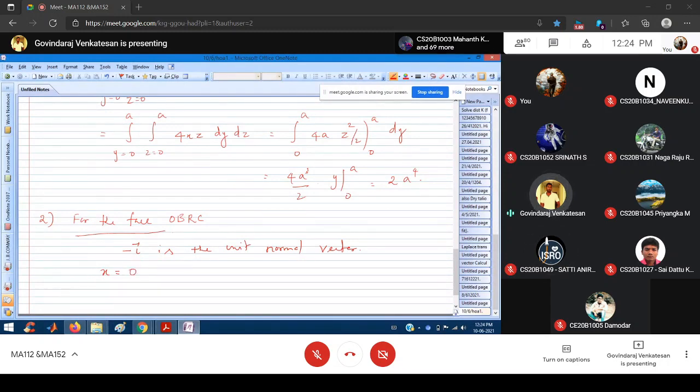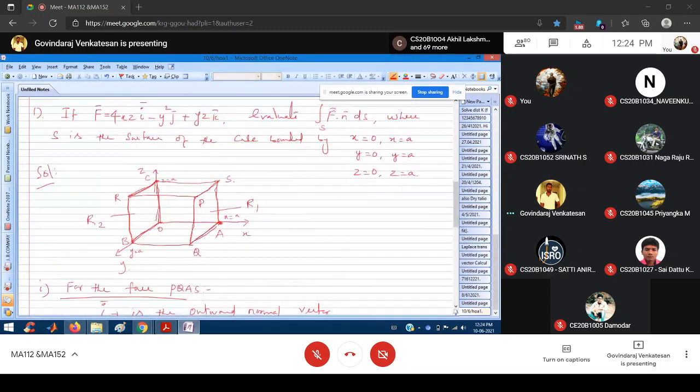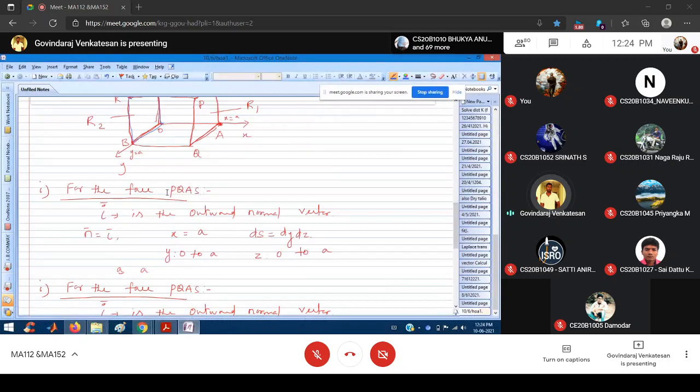Why is it 0? Everything is on the z-axis and y-axis. See that face, this entire surface lies on the y-axis and z-axis.